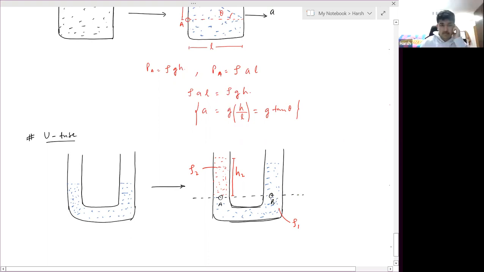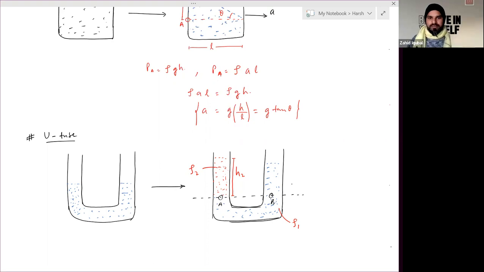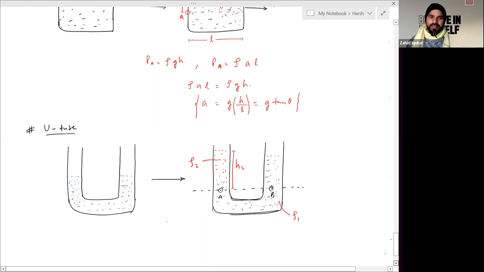Net pressure at the same horizontal level for the same liquid will be equal on either side of the arm.